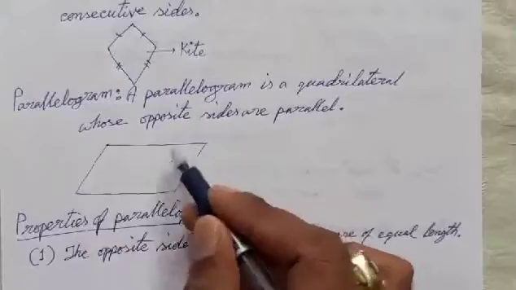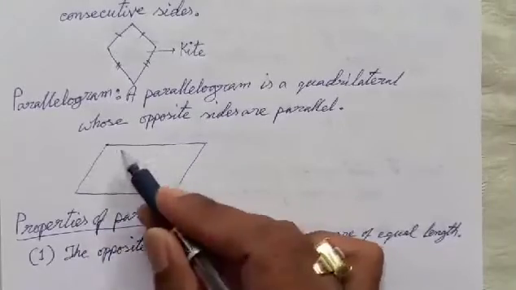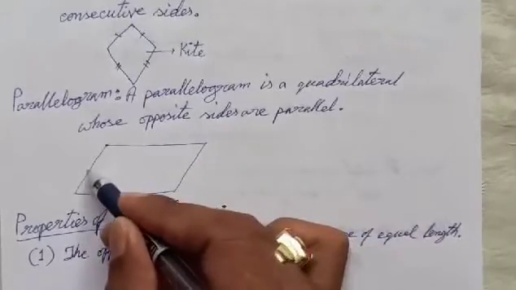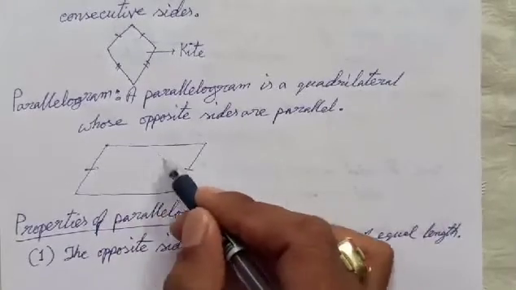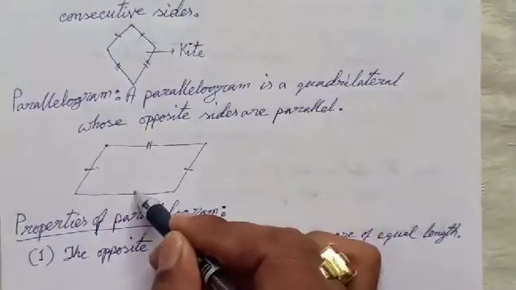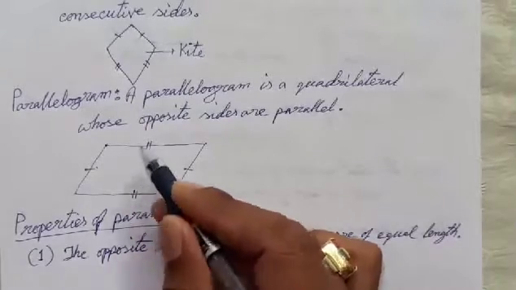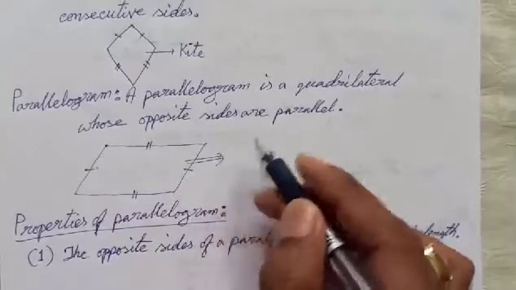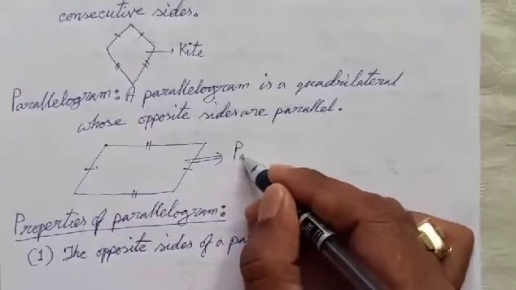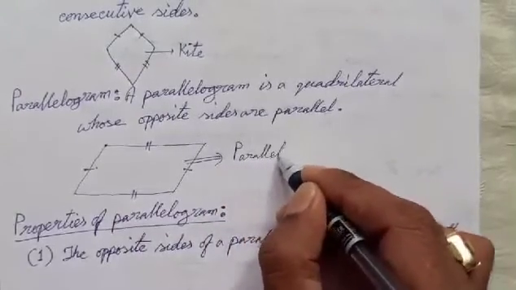This figure has 4 sides, so actually this is a quadrilateral. In this quadrilateral, this side and this side are called opposite sides, and these 2 sides are parallel, and this side and this side are also opposite sides and they are parallel. Then this type of quadrilateral is called parallelogram.